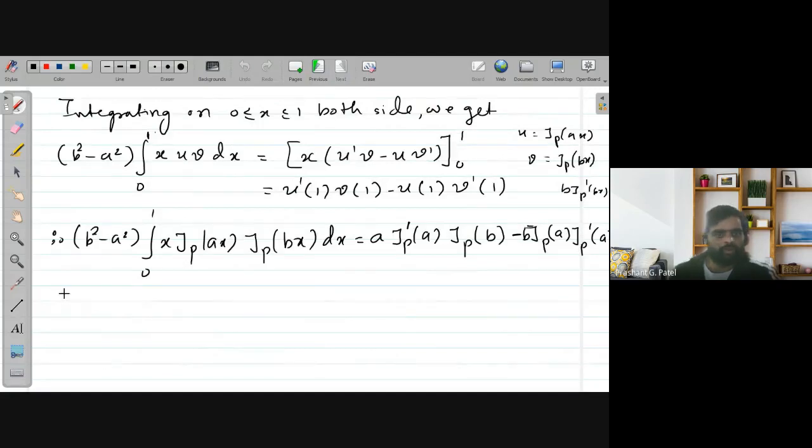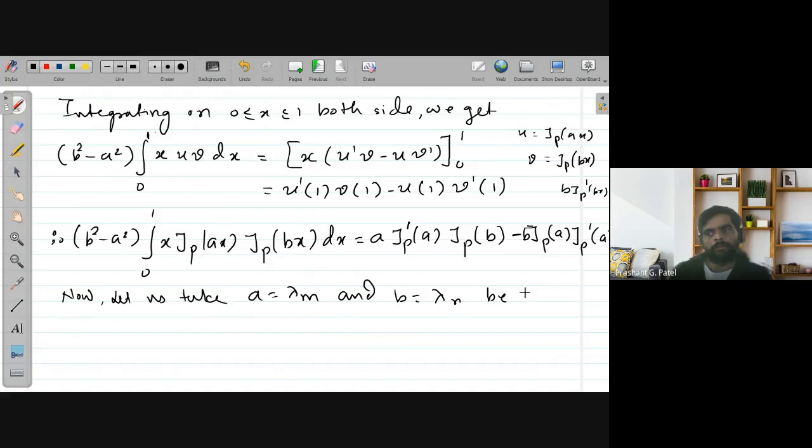So now let us take a is equal to lambda m and b is lambda n, the positive zeros of Bessel's function.